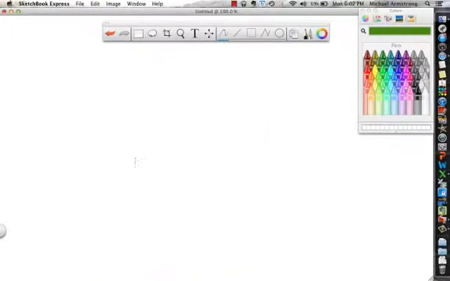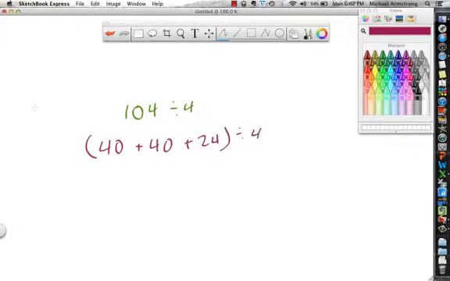But we're working on using our distributive property in relating multiplication to division. They are backwards and forwards operations with one another. 104 divided by 4. Okay, we might say that that's 40 plus 40, which is 80, plus 24. That adds up to 104 divided by 4.